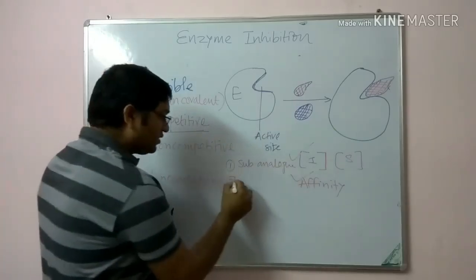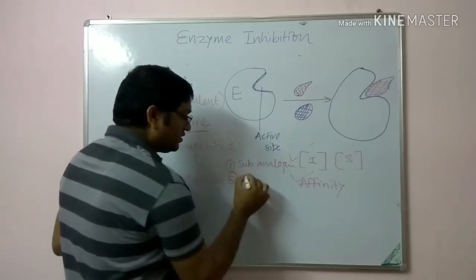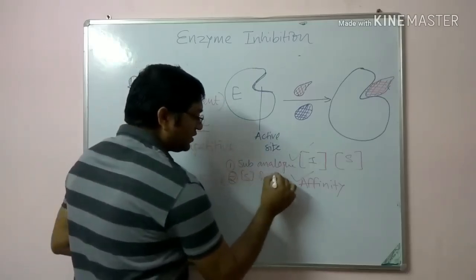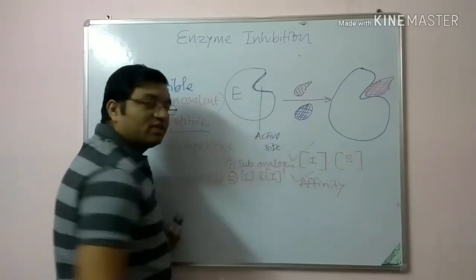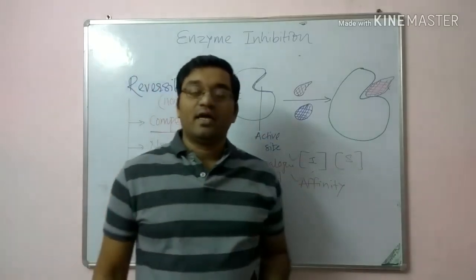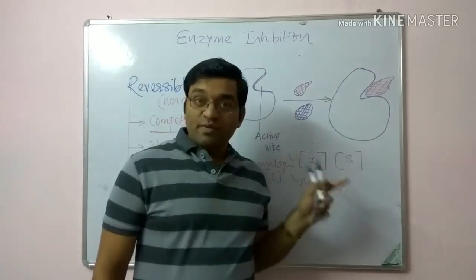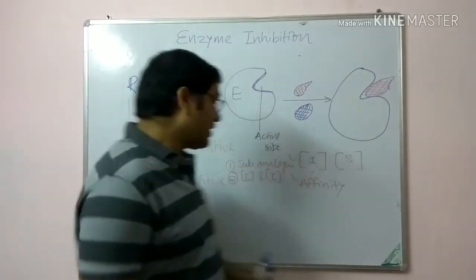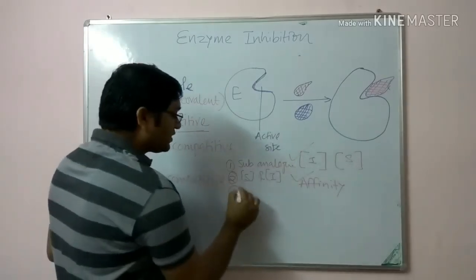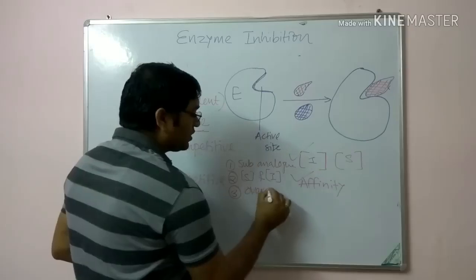Second, there is competition between substrate and inhibitor to bind with the active site of an enzyme. This type of inhibition can be overcome by increasing the substrate concentration.